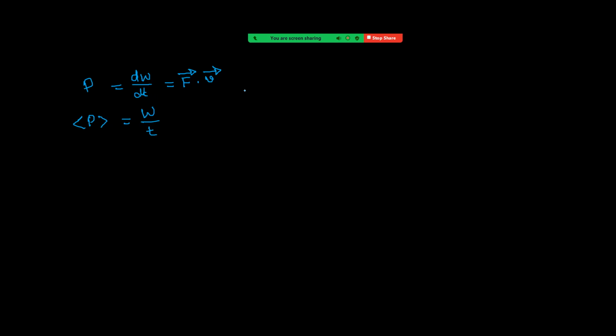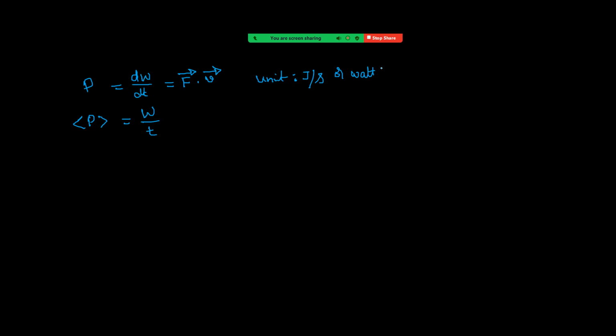And coming to units, this is work by time, that means joule per second. We write this as watt, the name of a scientist.